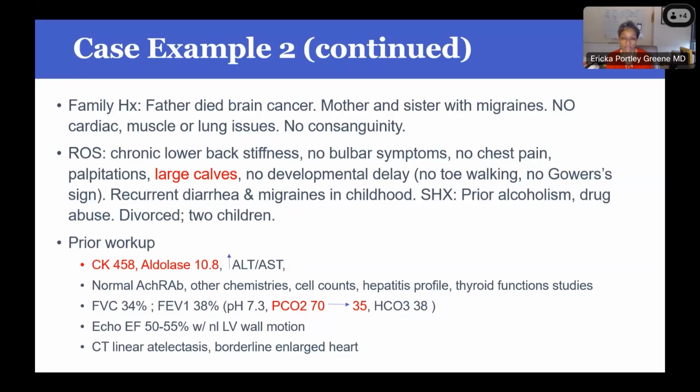And the laboratory studies and the review of systems for large calves would point and support that as well, that this is a muscle problem and probably an inherited one.